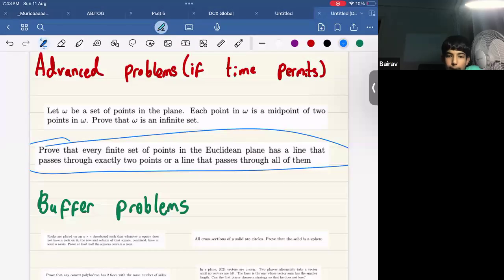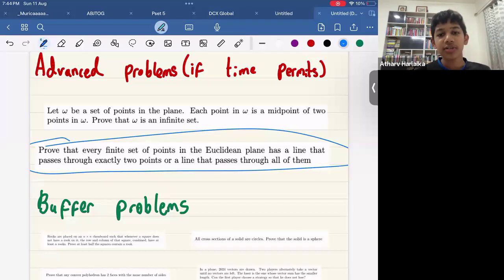Maybe you could have a proof by induction. So if there are 3 points, not all of them collinear, we can prove there are 4 points. And with that, we can prove there are 5 points, and so on. Okay, that might work. Okay, Avni, what's your proof? Oh, sorry.